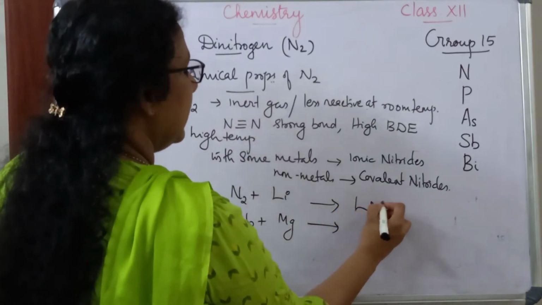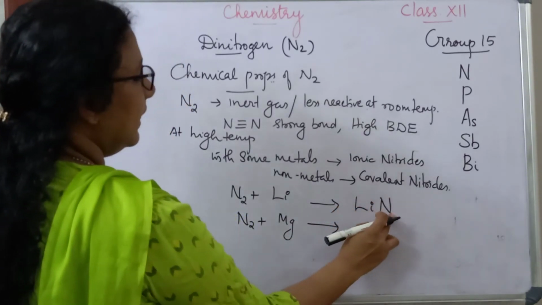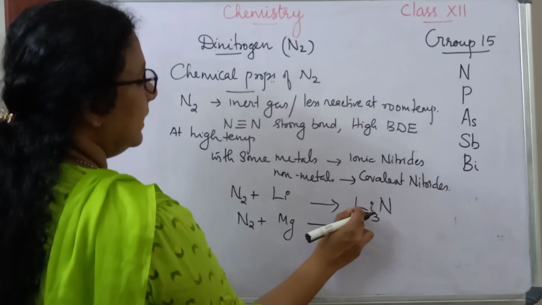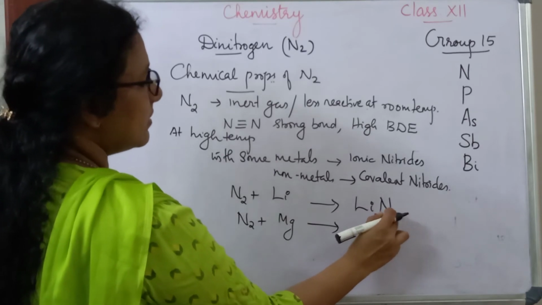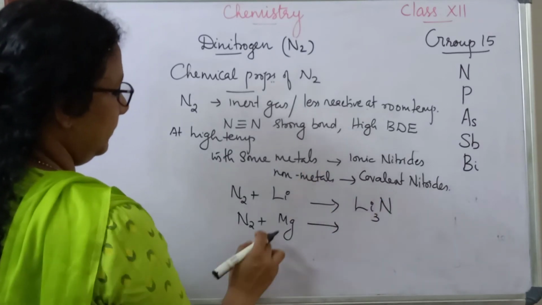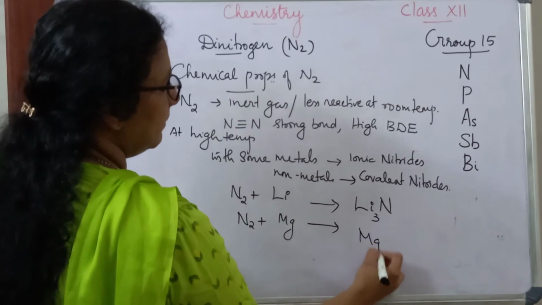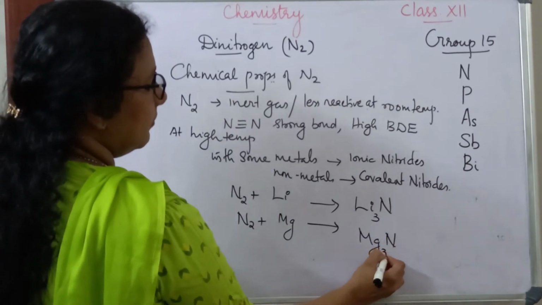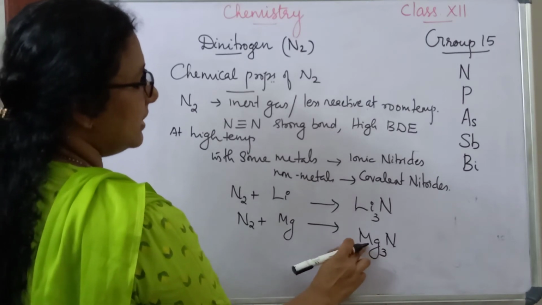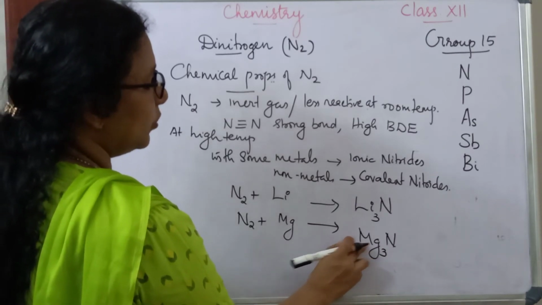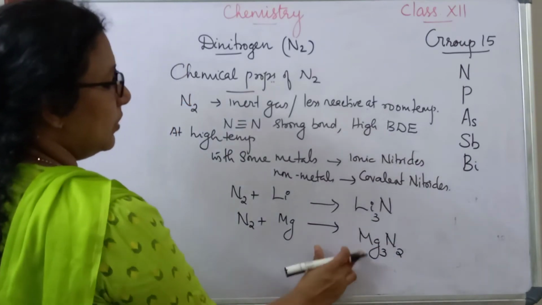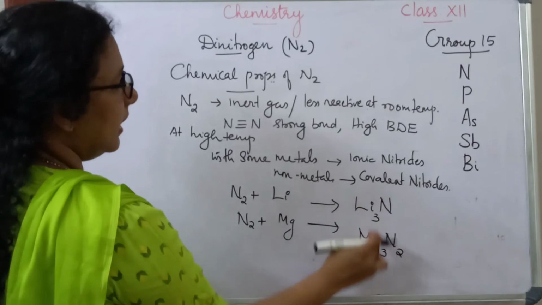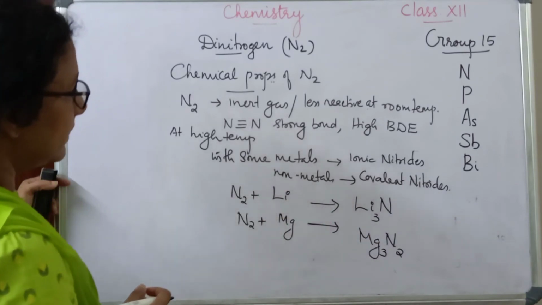The valency of nitrogen is 3 and lithium has valency 1, so it is Li3N. In magnesium nitride, nitrogen has valency 3 and magnesium, from the second group, has valency 2. So it will be Mg3N2. These are the ionic nitrides formed in this case.